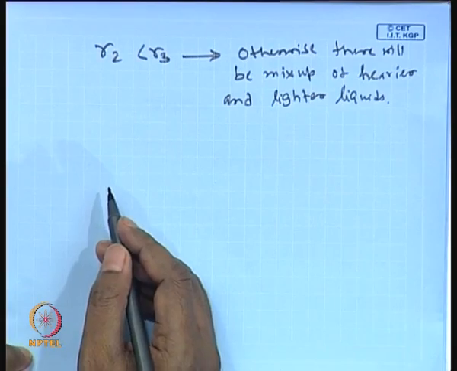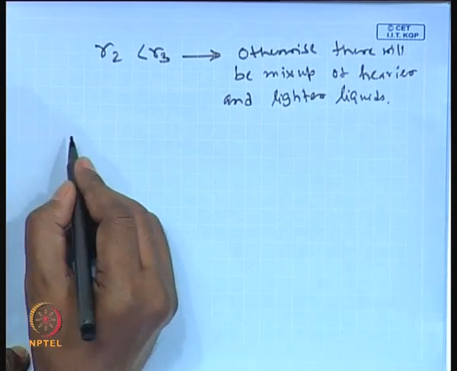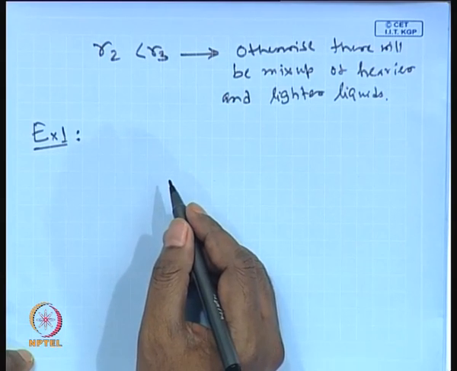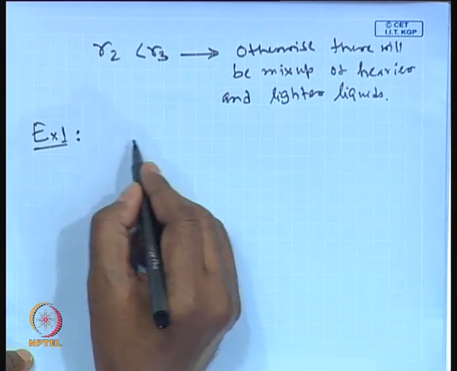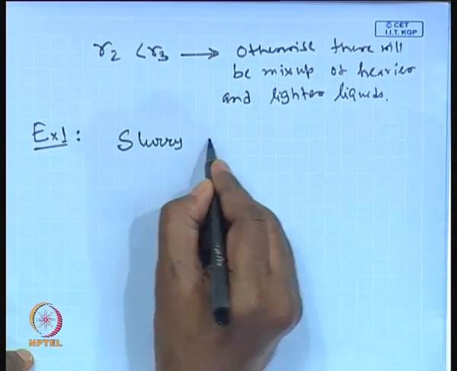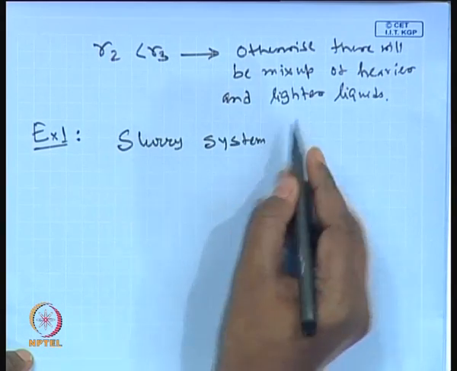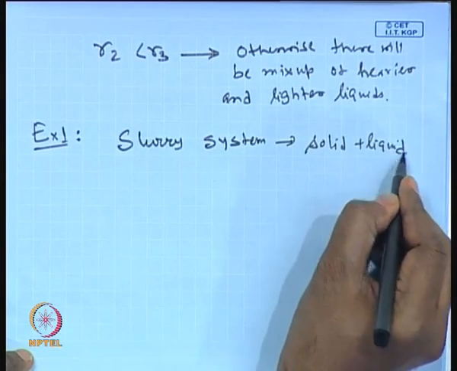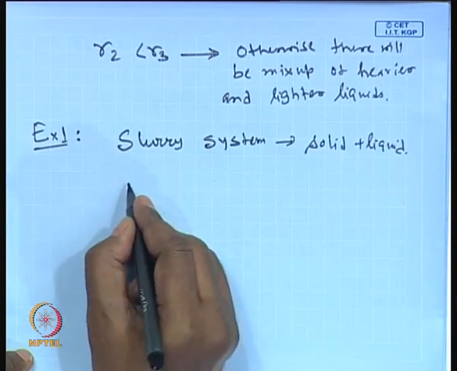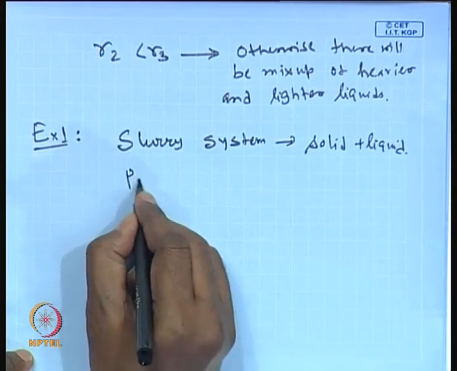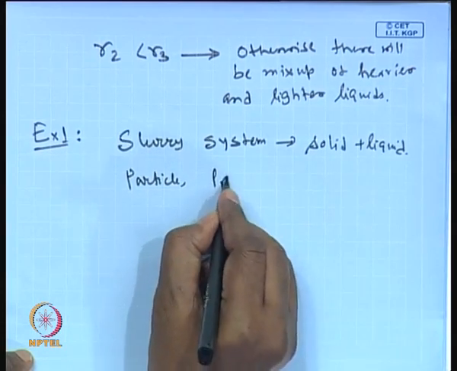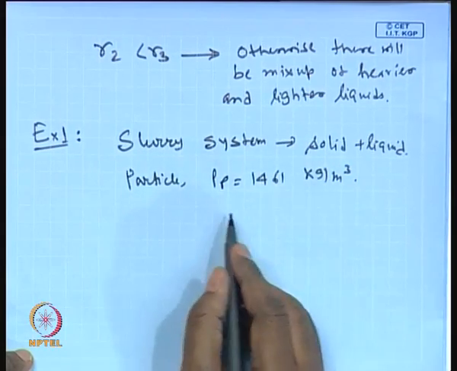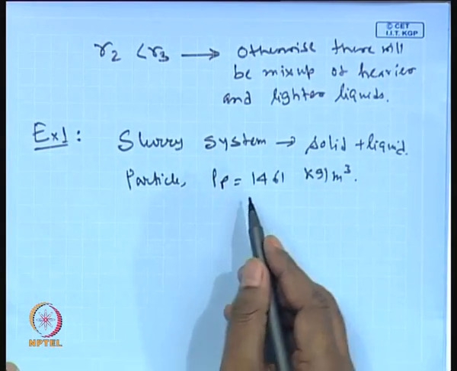Now, I have probably around 3 problems for you. So, let us look into the first one. First example, a viscous solution containing particles with density. So, let us talk about a slurry system. Slurry system means it is a solid plus liquid system, and it contains particles of density 1461 kg per meter cube, and this particle has to be clarified, removed by the centrifuge.